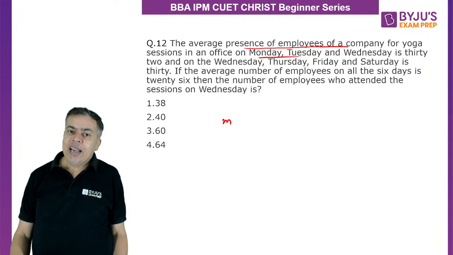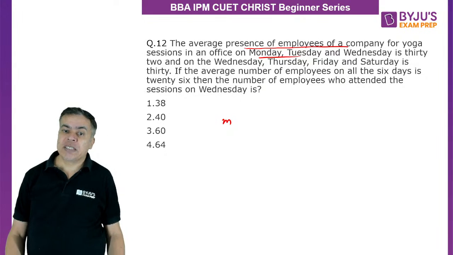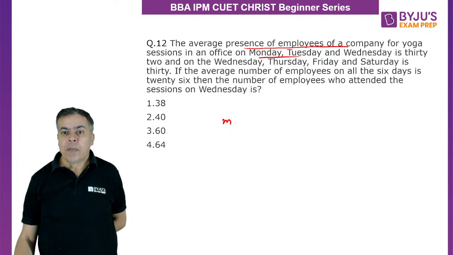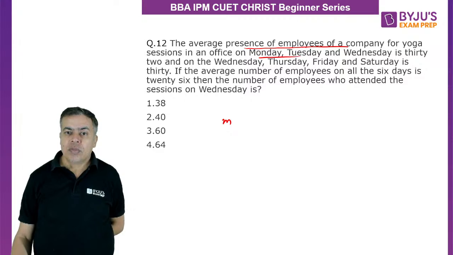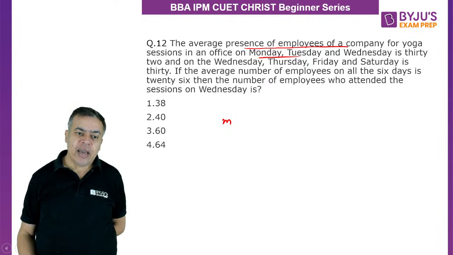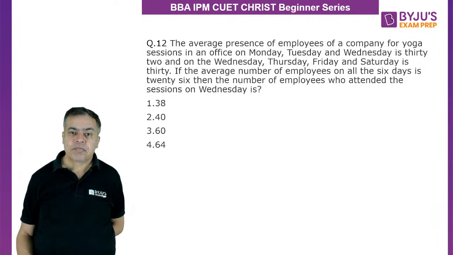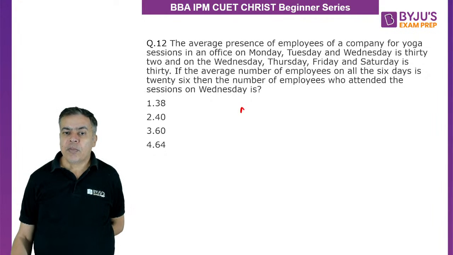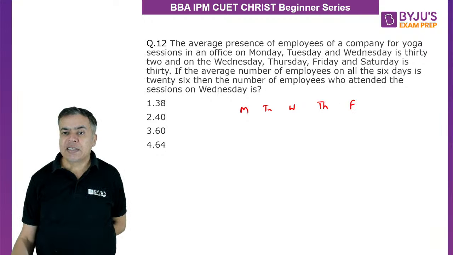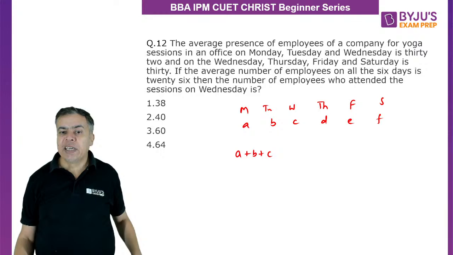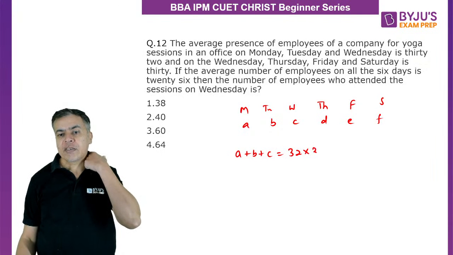Let's say I'm not writing Monday M, but Monday, Tuesday, Wednesday, Thursday, Friday, Saturday, and we are writing A, B, C, D, E, F. So we know A plus B plus C is 32 into 3.